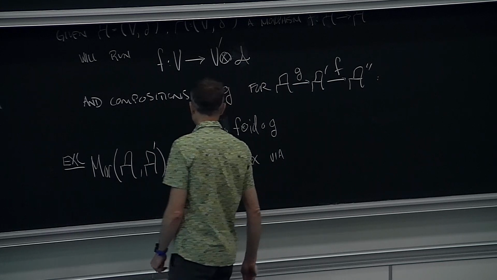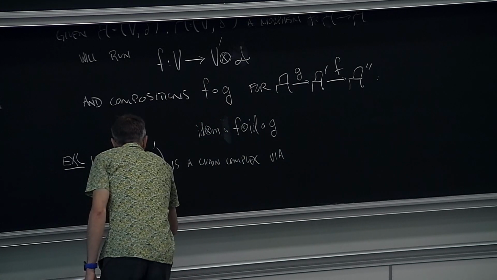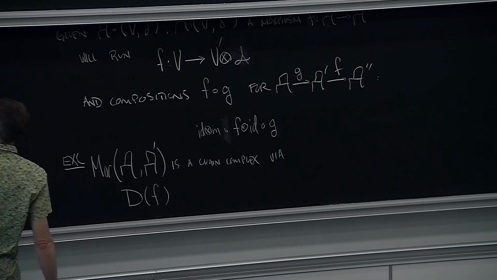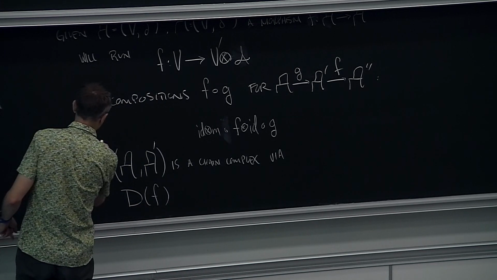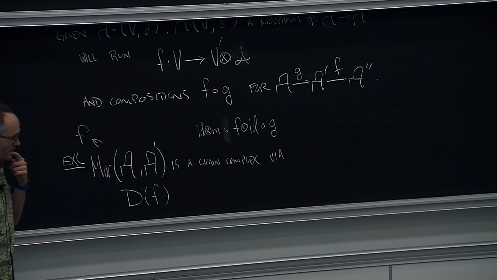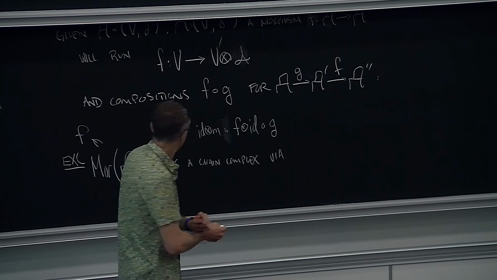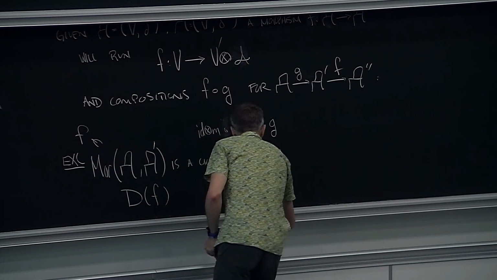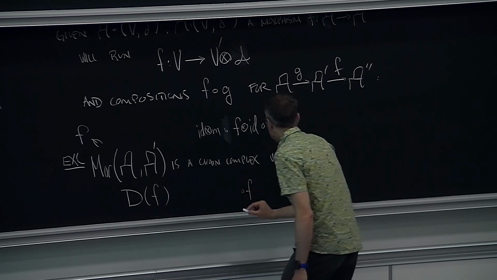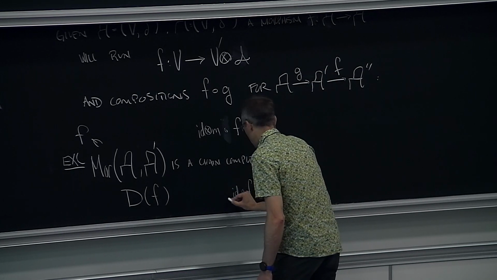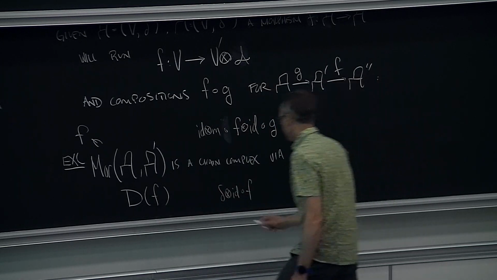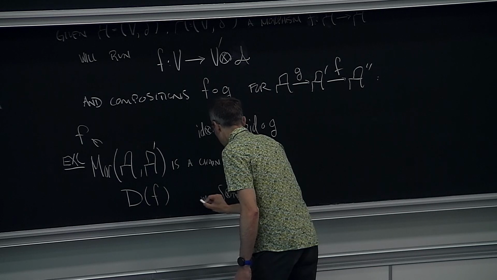Well, I need some D. I'll use capital D because that's what we used in the paper here. So here I've got some F. How do I take D of F? Well, first I should apply F. So I'll write it out longhand, but this is F and then D. So how do I apply D after F? Delta is the role of D, and then I have to multiply.